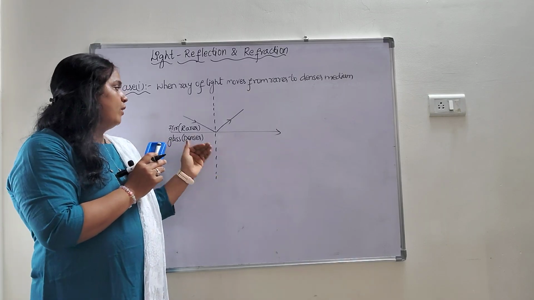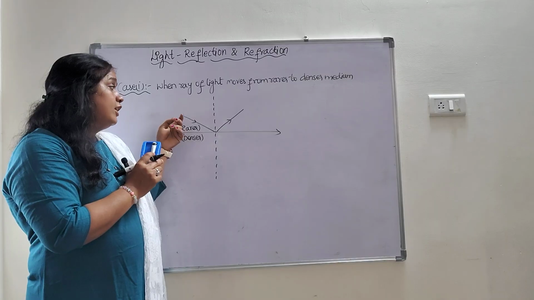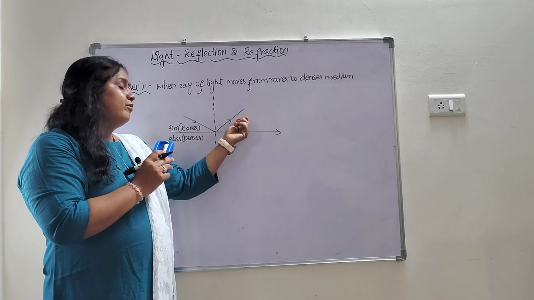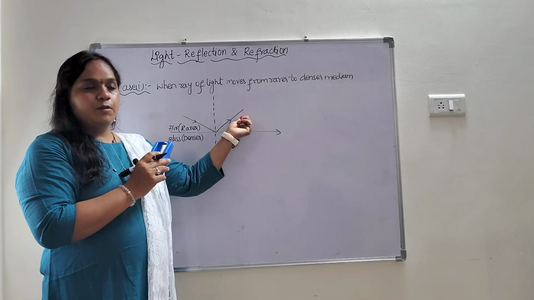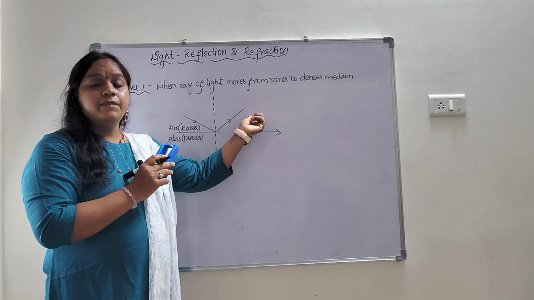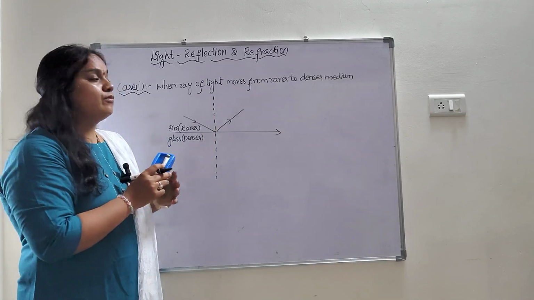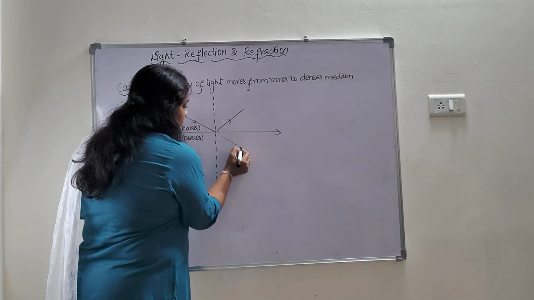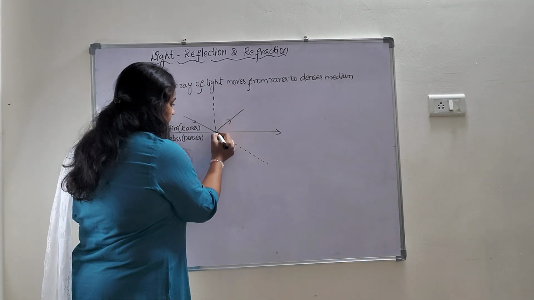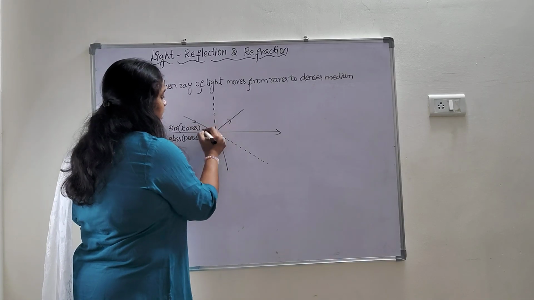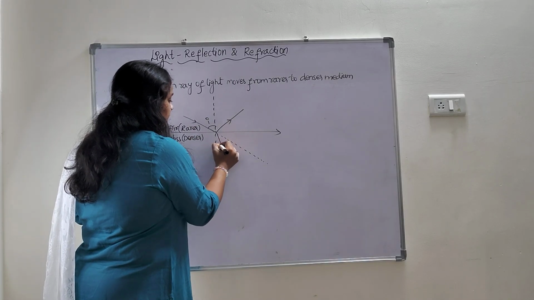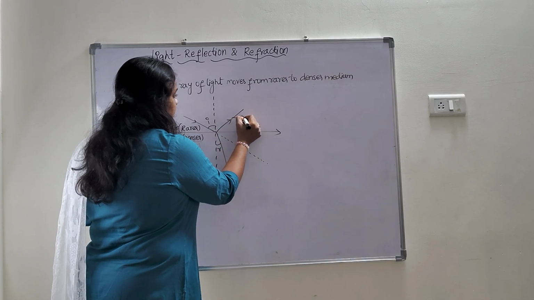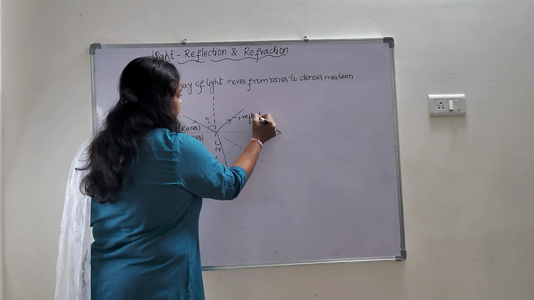No. When a ray of light is moving from rarer to denser, a part of the light, about 10%, will be reflected into the same medium. The remaining 90% of the light should move straight, but instead it is bending towards the normal.